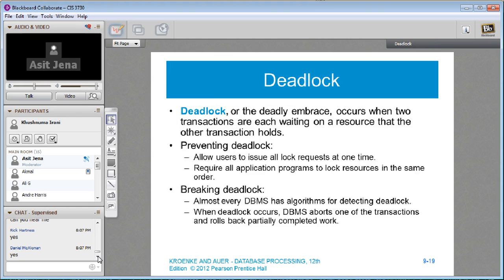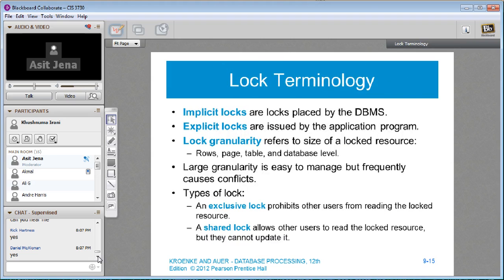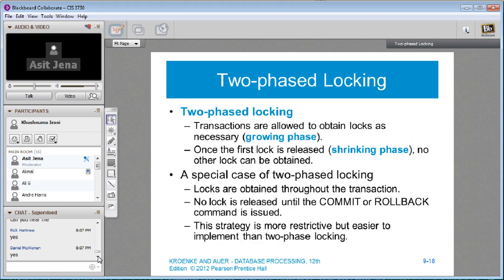Okay, let's talk about deadlock, and I think that's as much as you usually want to know about locks. You don't need to know a whole lot, but you need to know that locking is very important because you don't want two people to override each other's update. So we lock it, and we can lock it in two different ways.